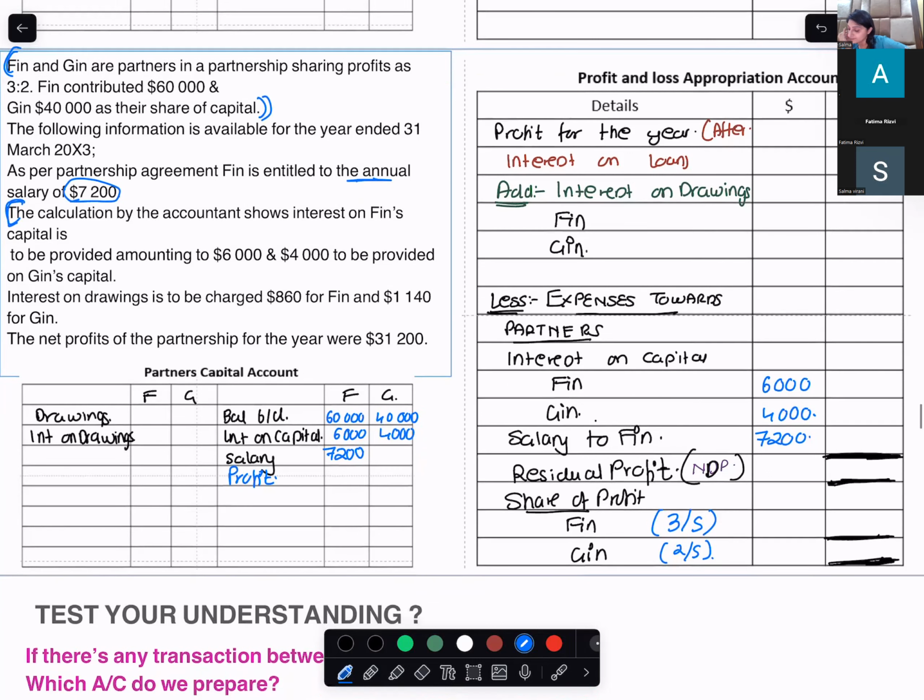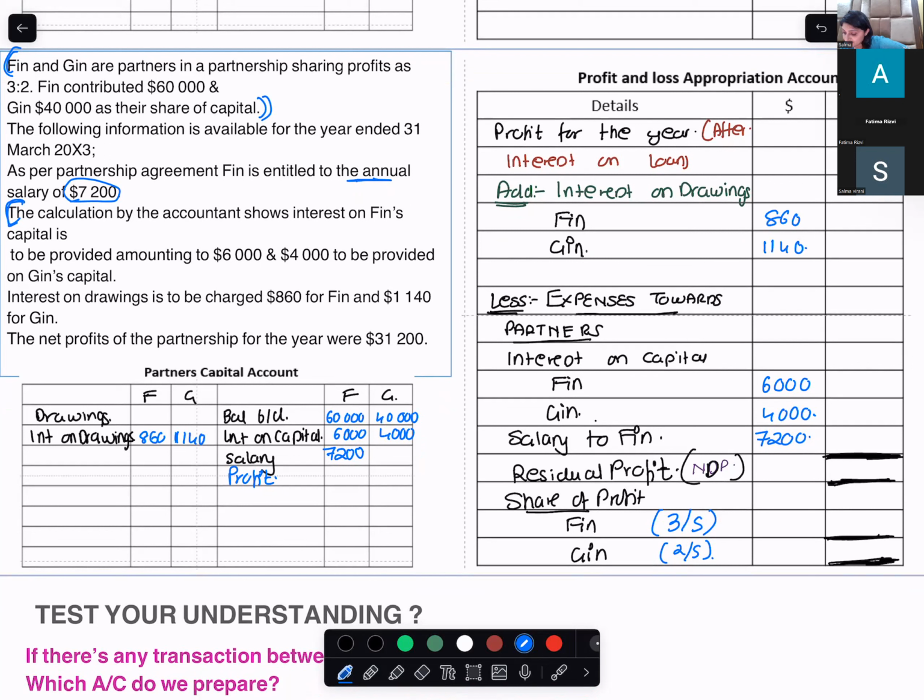Then interest on drawings is to be charged 860 for Finn and 1140 for Gin. So in profit loss appropriation, in interest on drawings, 860 and 1140.